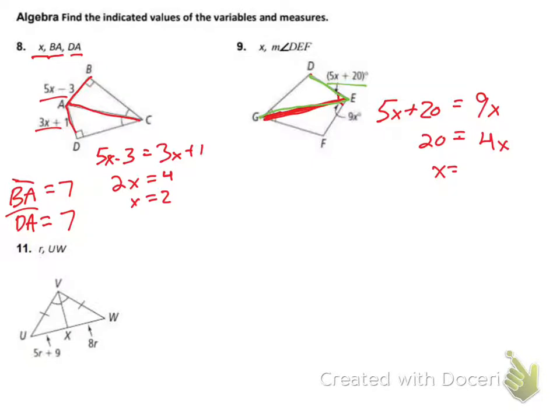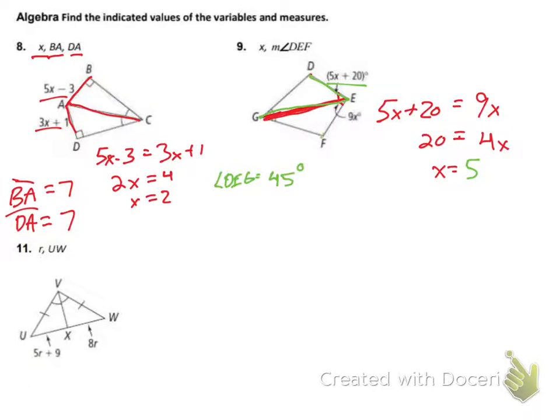So if I do that, that'd be 25 plus 20 would be then equal to 55. So DEG is equal to 55. And then if I do, oh no, not 55, 45, sorry. So that's equal to 45 degrees.